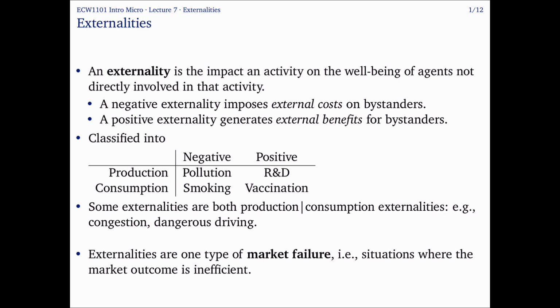And of course, there is the negative and positive dimension. So, classic examples of externalities, the ones that we always talk about. Negative production externality, pollution. Positive production externality, research and development.